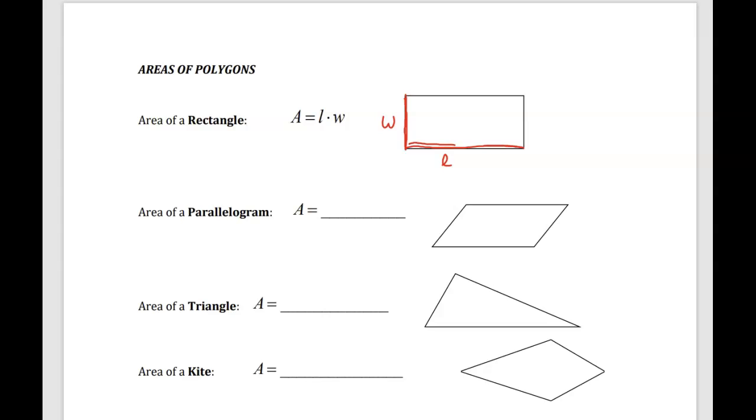Now a parallelogram. If I look at the length times the width, that doesn't really work. But if I draw in this, which I'm going to call height, notice now I have here a rectangle. Okay?